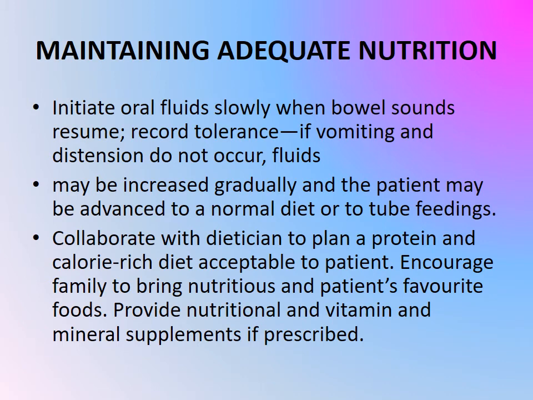Maintain adequate nutrition: initiate oral fluids slowly, and once bowel sounds resume we can start tube feeding, increased gradually, and the patient may be advanced to a normal diet or tube feedings. Collaborate with the dietitian to plan a protein and calorie rich diet acceptable to the patient, encourage family to bring nutritious and favorite foods, and provide food containing vitamins and minerals.